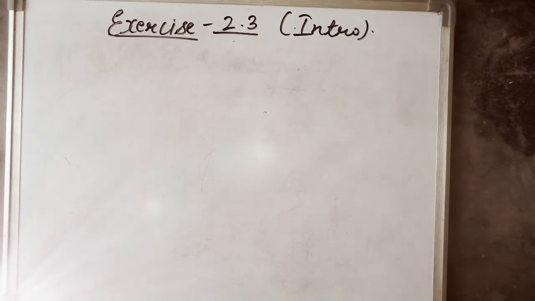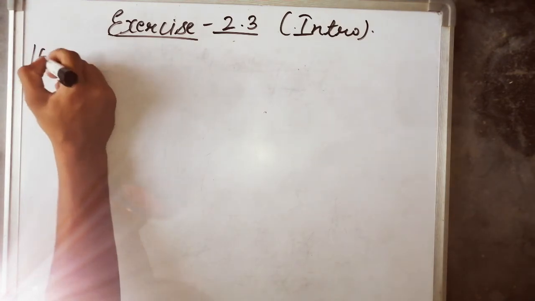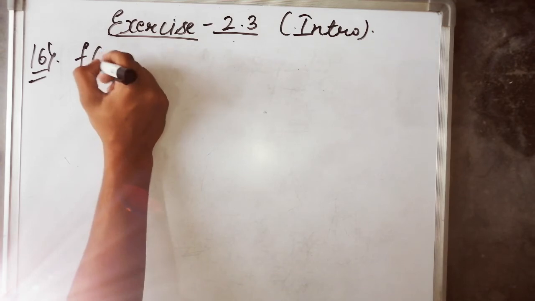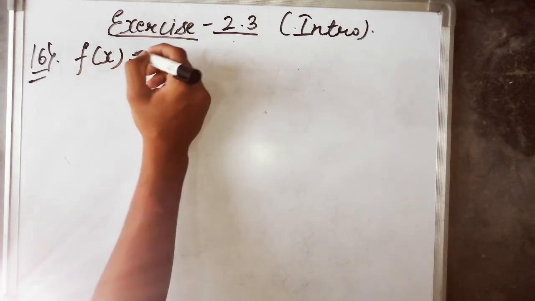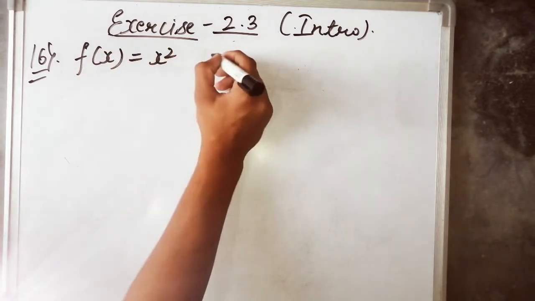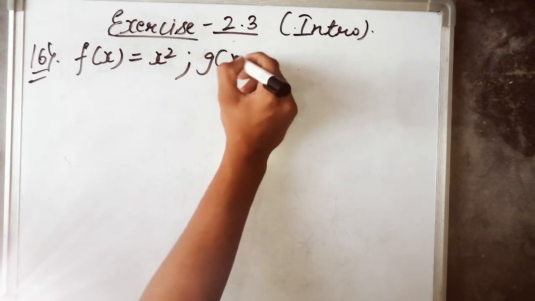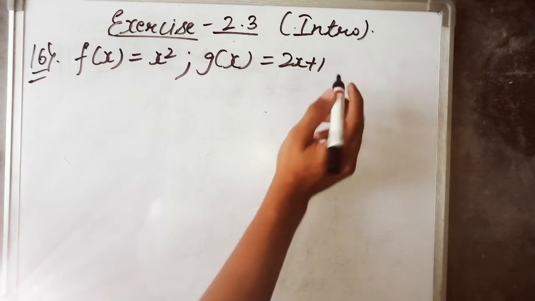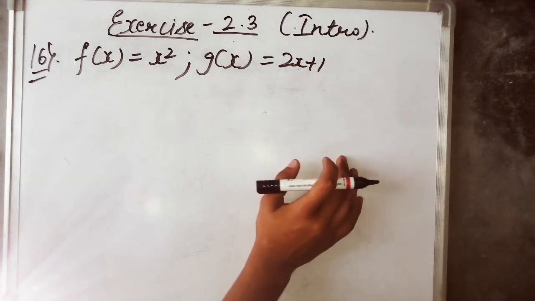Okay students, let's take the 16th example. We have considered f(x) equals x square and g(x) equals 2x plus 1, two distinct real valued functions.